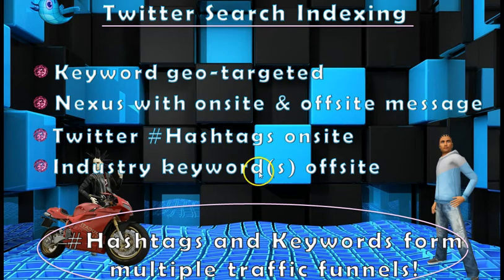The next is industry keywords offsite. This has to be a focus of yours. What we teach, especially in our keyword research course, is to grab 10, 15, or maybe even 20 keywords. When we say keywords, we are thinking short tail keywords and not just single keywords. Here's an example.